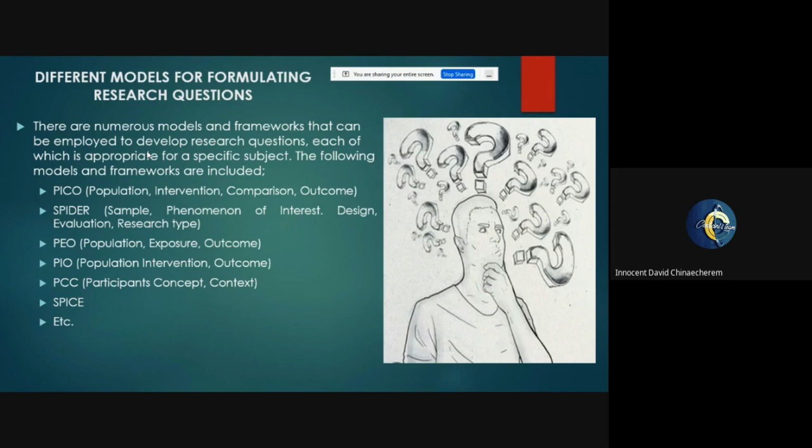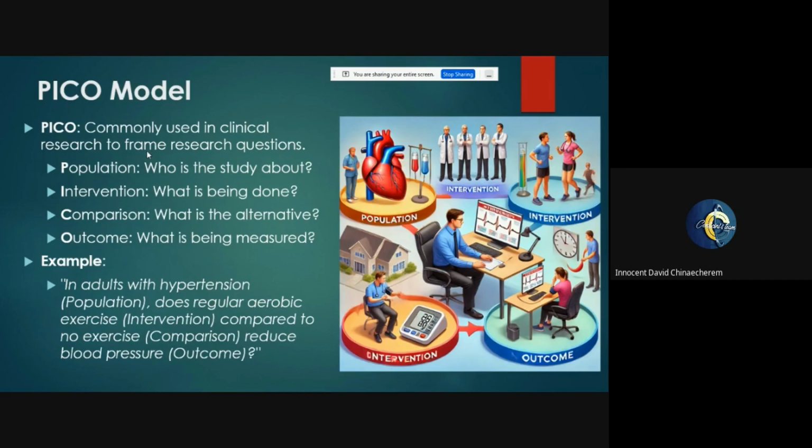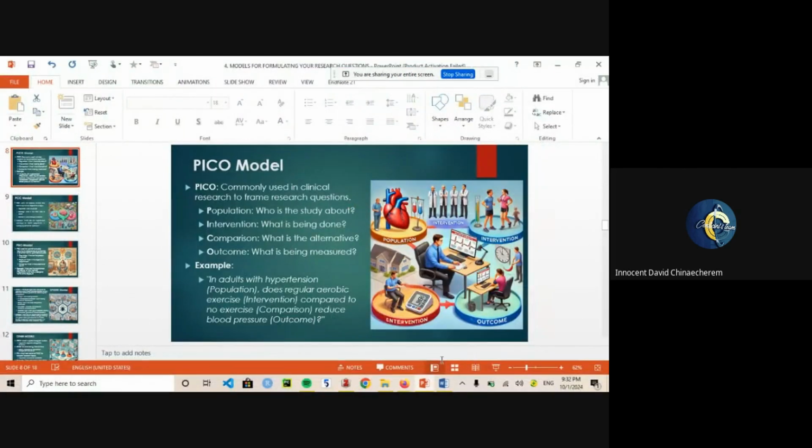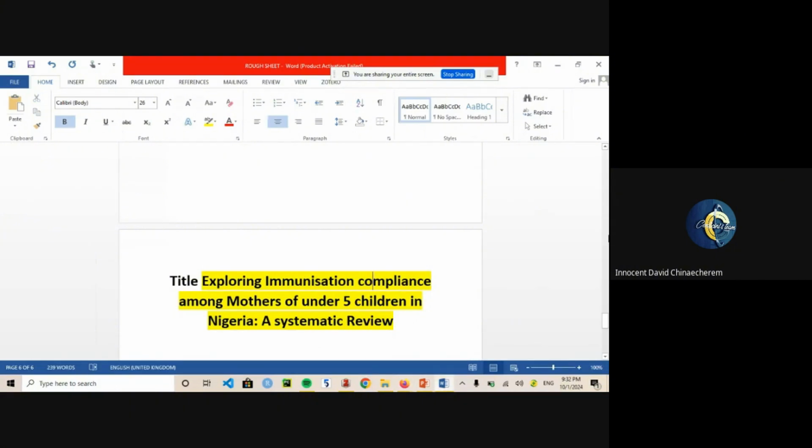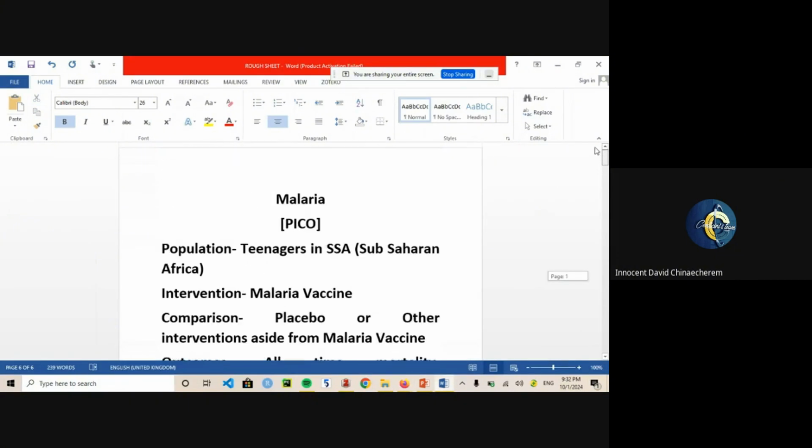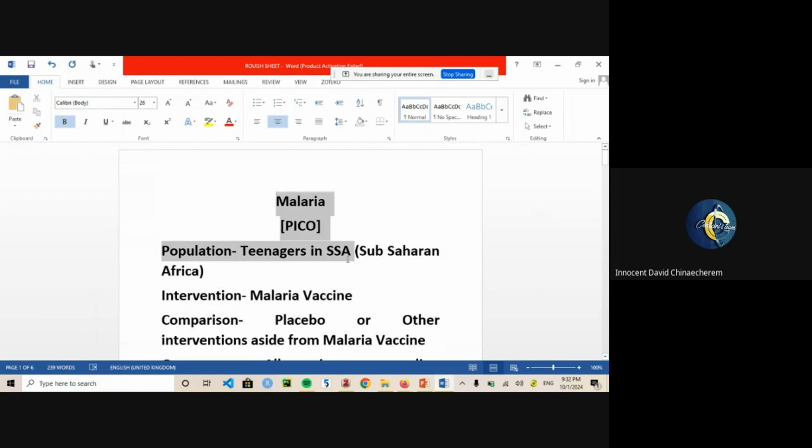We also made it clear that we have other frameworks like the PIO model, the PCC, SPICE, PECO, a lot of them. So for the PICO framework, we had a demonstration where we showed clearly how we can formulate a research question just having only malaria in mind, right? Just having malaria in mind, we're able to come up with a framework using population, the domain.